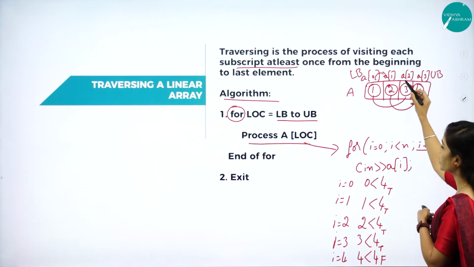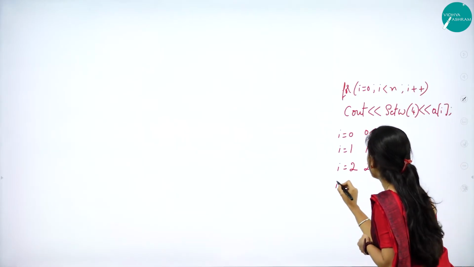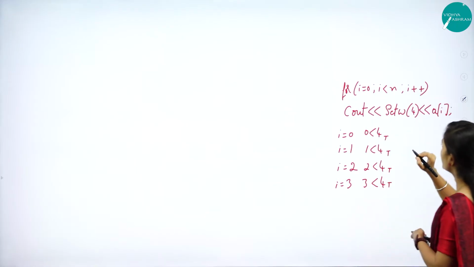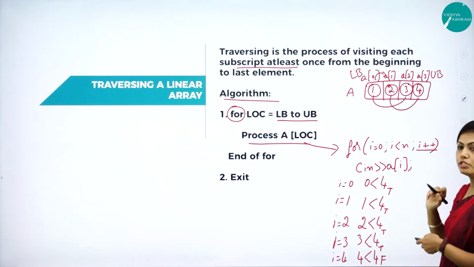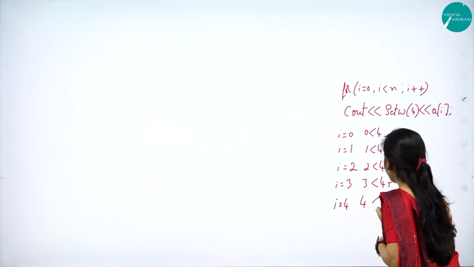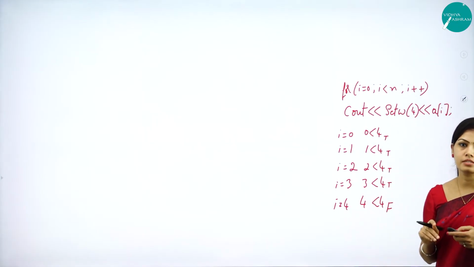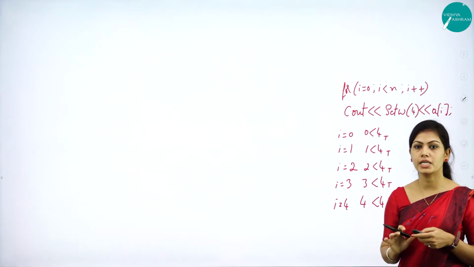In A of 2 it prints 3, and I is equal to 3, 3 less than 4, condition is true. In location A of 3 it prints element 4, and I is equal to 4, 4 less than 4, condition is false. So, printing ends and this is called the traversing operation.